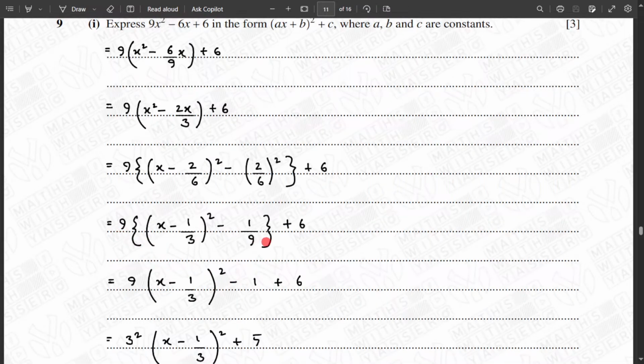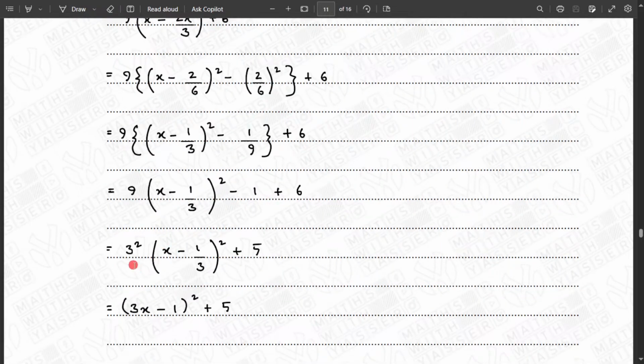Then when you take away the second brackets, after you're done squaring this, what you get is 9 times (x minus 1 by 3) whole square minus 9 times 1 by 9, which will be just 1, plus 6. So this will become, we can write 9 as 3 square and then (x minus 1 by 3) whole square plus 5.